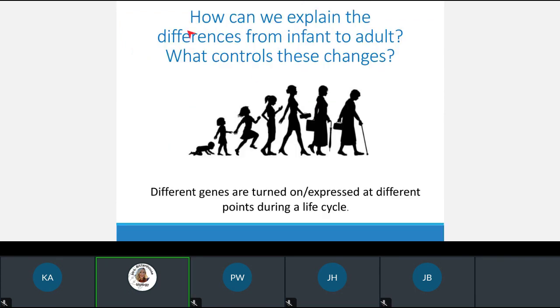How can we explain the differences? I think this was Justin's question, from infant to adult. What controls these changes? Like, why can't we just keep having these genes? It's because different genes throughout as we age are turned off and turned on, right? Mainly because our body is growing and changing.